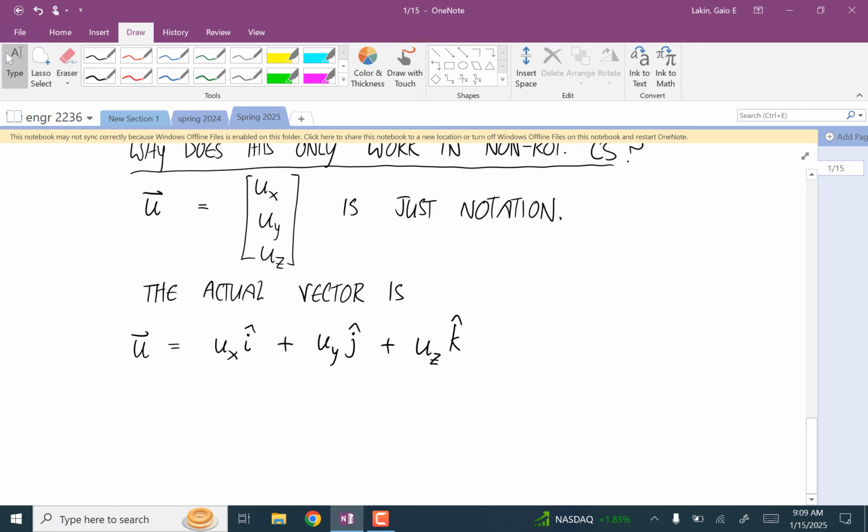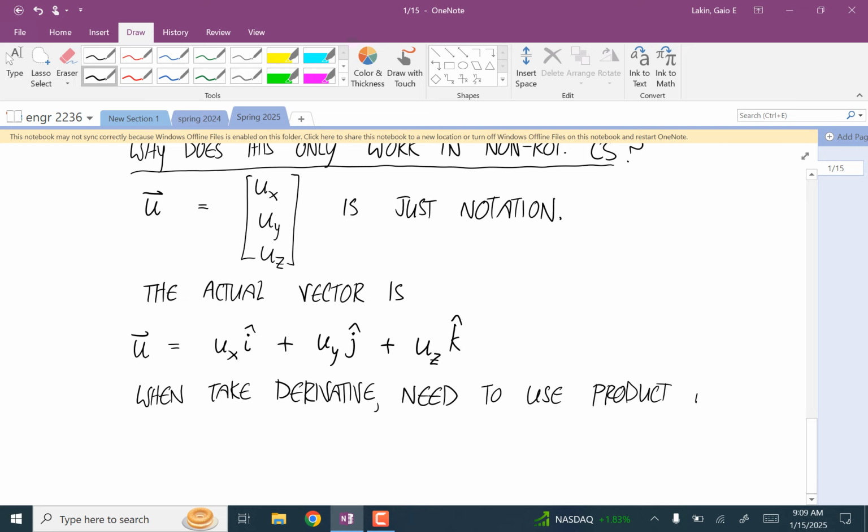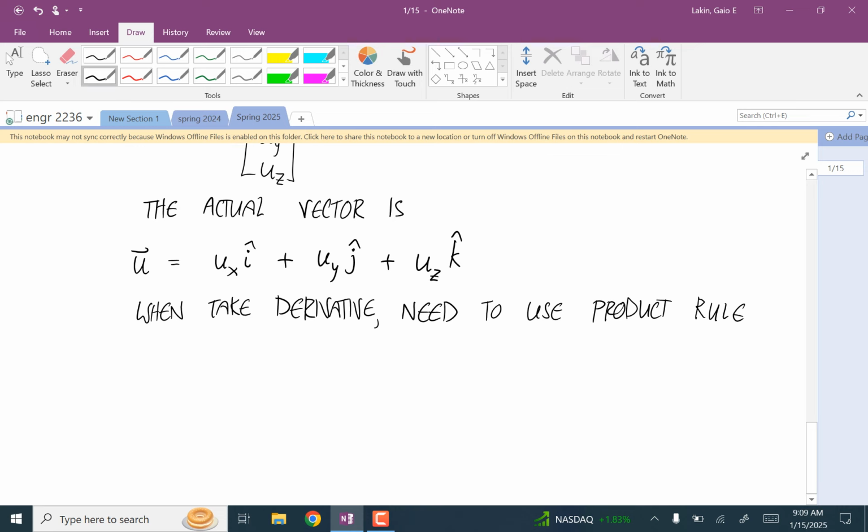And so what happens when you take the derivative? When you take the derivative, you need to use the product rule. So what happens when you take the product rule here?